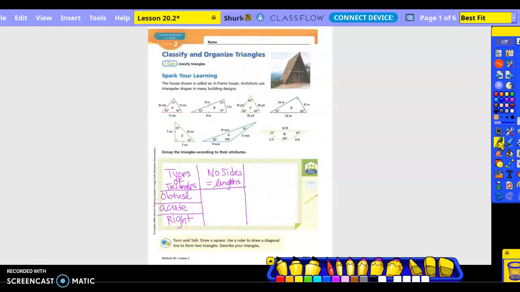Then we have two sides with equal lengths. And then we also have triangles with all sides of equal length.